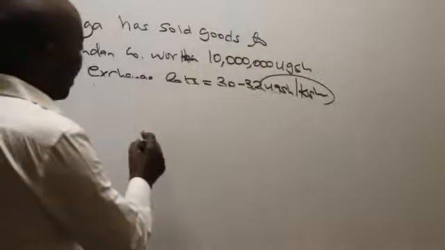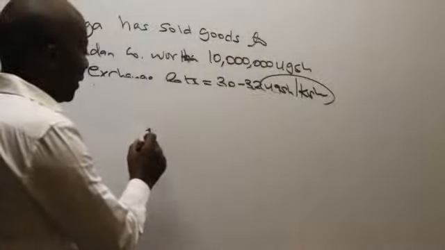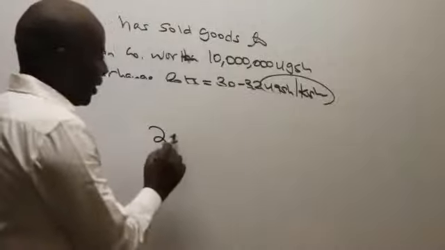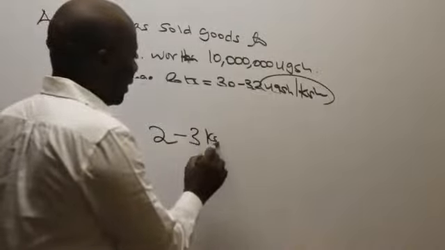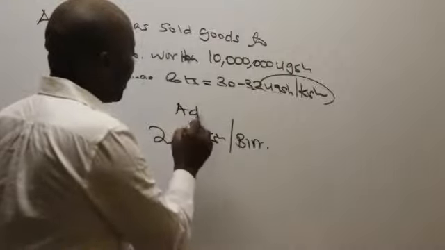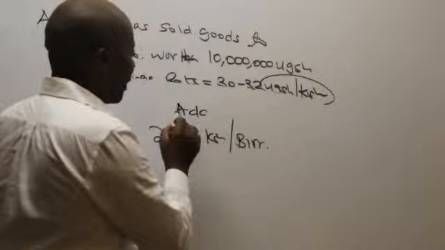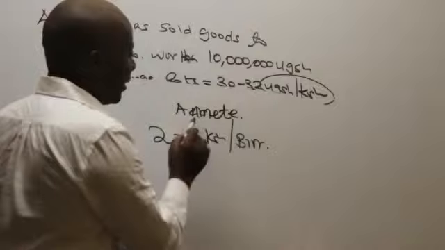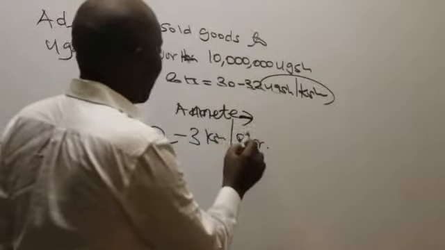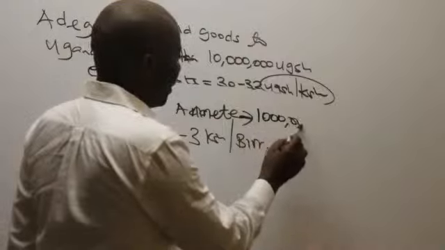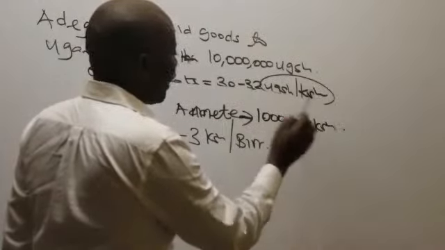Great. So then we have Adega's case. We have 2 to 3 Kenya shillings per birr. And then now, no, it was not Adega, it was Annette. Annette in this case has 1 million Kenya shillings.